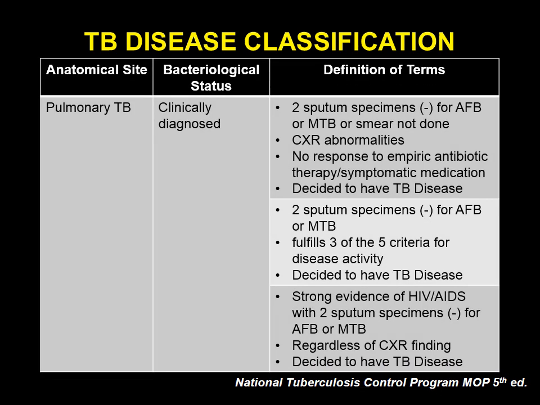Pulmonary TB can be clinically diagnosed if a patient does not fulfill criteria for bacteriologic confirmation but has been diagnosed with active TB by a clinician. This includes cases diagnosed on the basis of X-ray abnormalities or able to fulfill 3 out of the 5 criteria for disease activity.